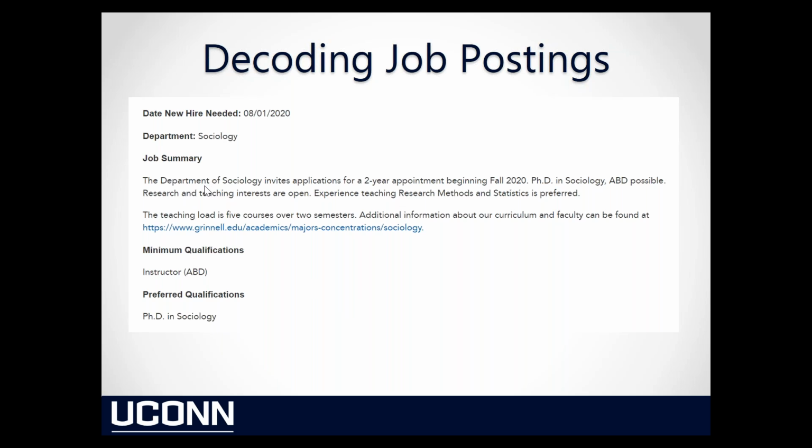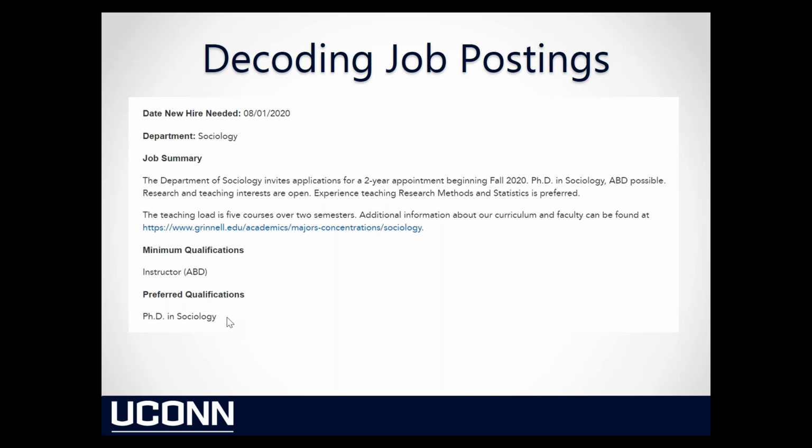We see that the position is for a 2-year appointment, and it begins in the fall of 2020. It looks like they would like someone with a PhD in sociology, but it looks like all but dissertation would be possible. Yet down here, we see that the PhD in sociology is a preferred qualification.